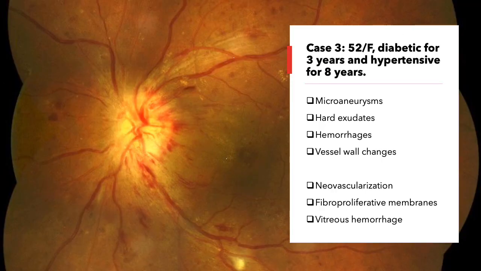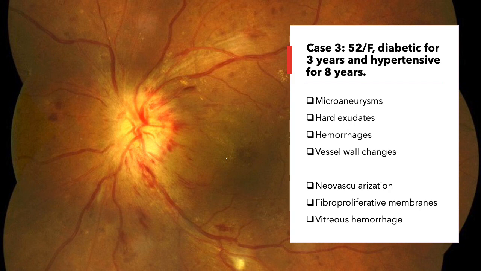Okay, let's move on to case 3. A 52-year-old female, diabetic for 3 years and hypertensive for 8 years. Okay, so what do you see here? From the photo, we see that the optic disc seems to be a bit swollen or indistinct, unlike in the previous cases.